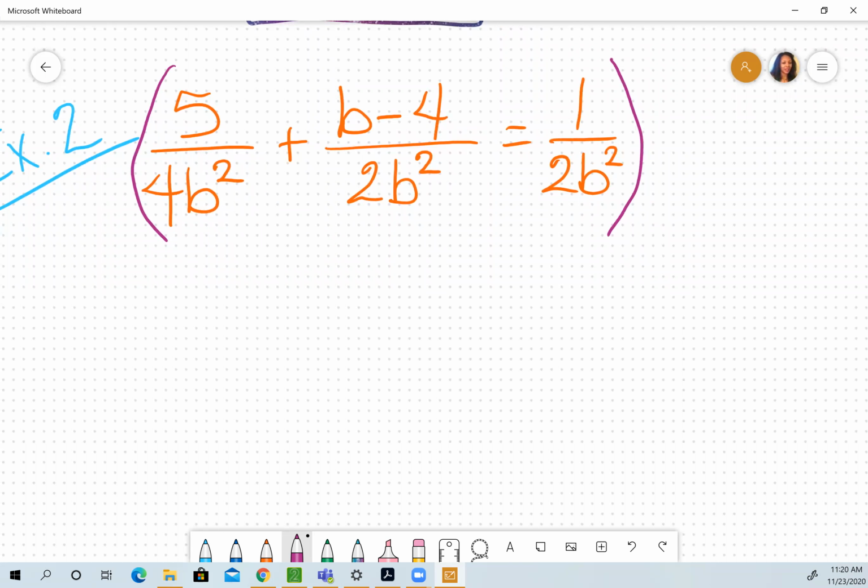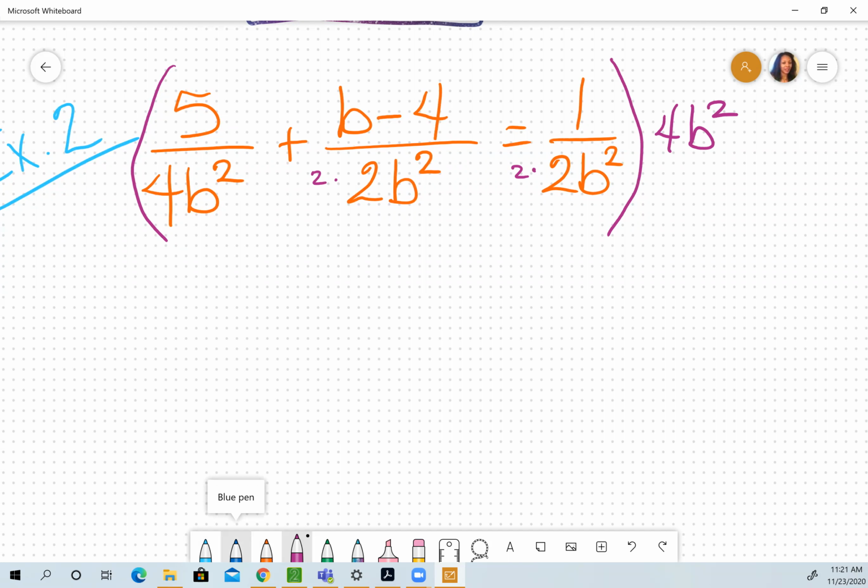I can look at this and tell that 4b squared should be the actual denominator. This one's missing a 2, and so is this one. So over to the side, I'm going to put 4b squared because that is the common denominator. And now, instead of just writing it to the side like I did a few minutes ago, I'm just going to do it just looking at it this way and rewriting it.